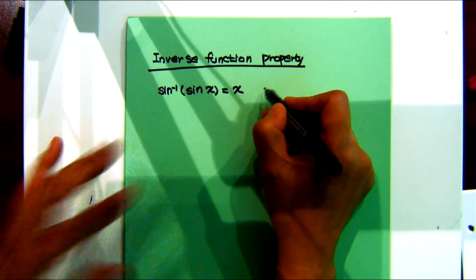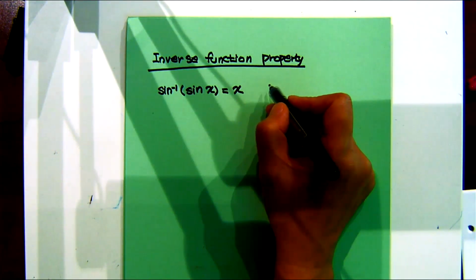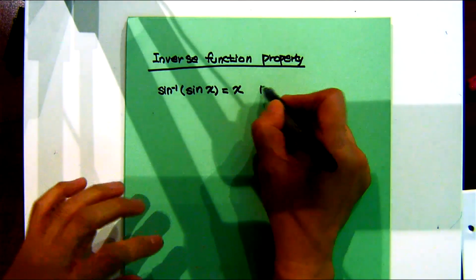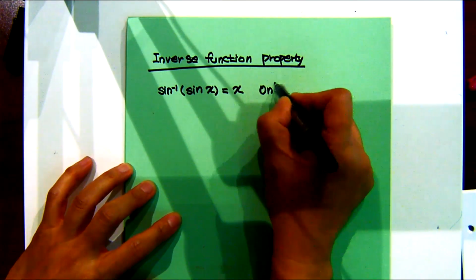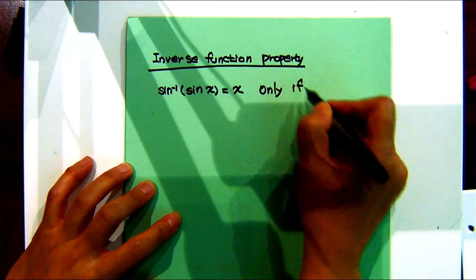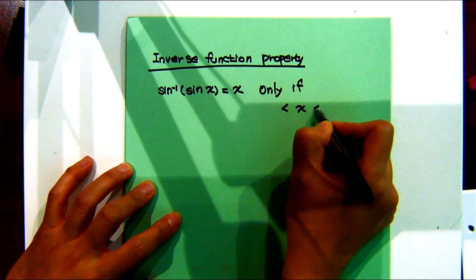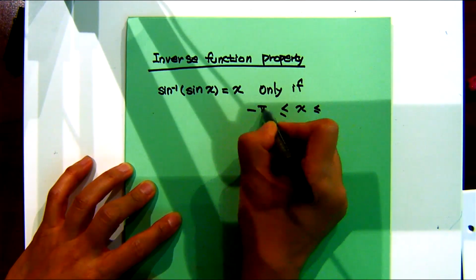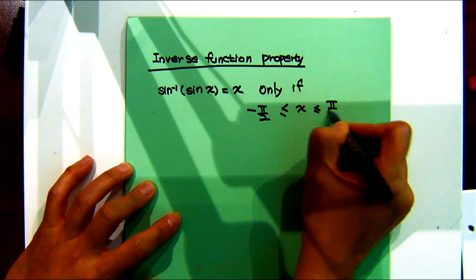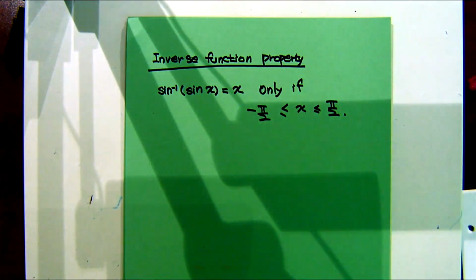But we limited ourselves to a small region. So that happens only if x stays between -pi/2 to pi/2. That's exactly where we were considering that.